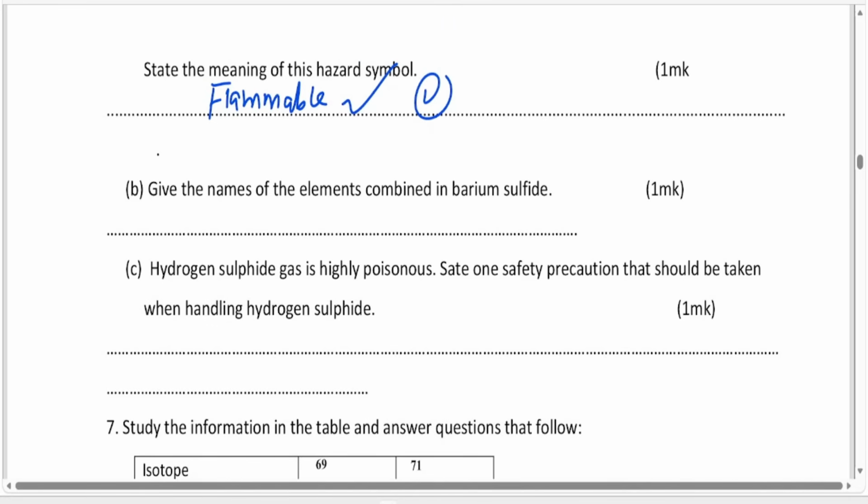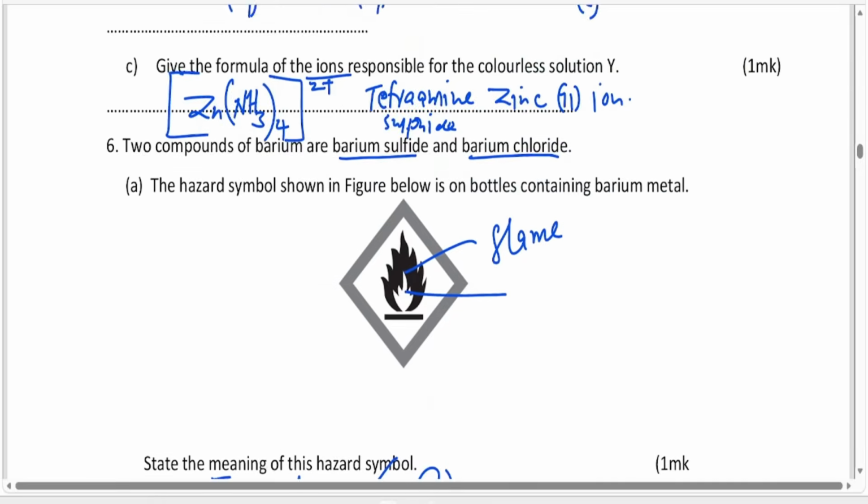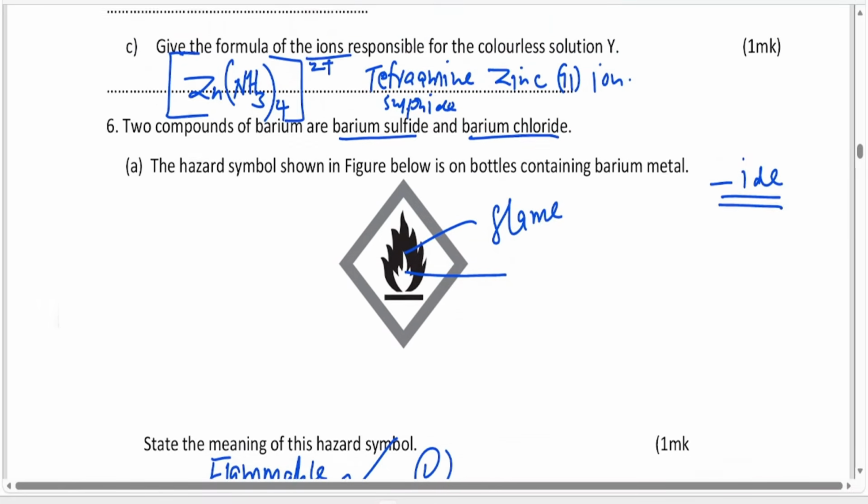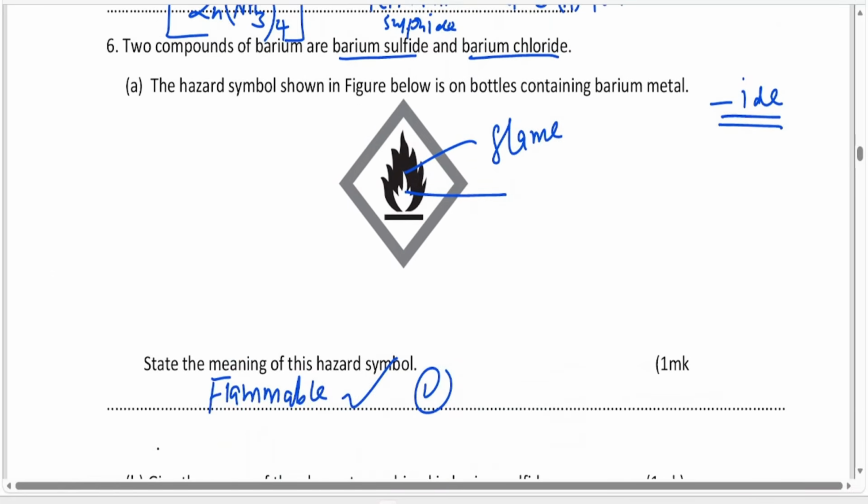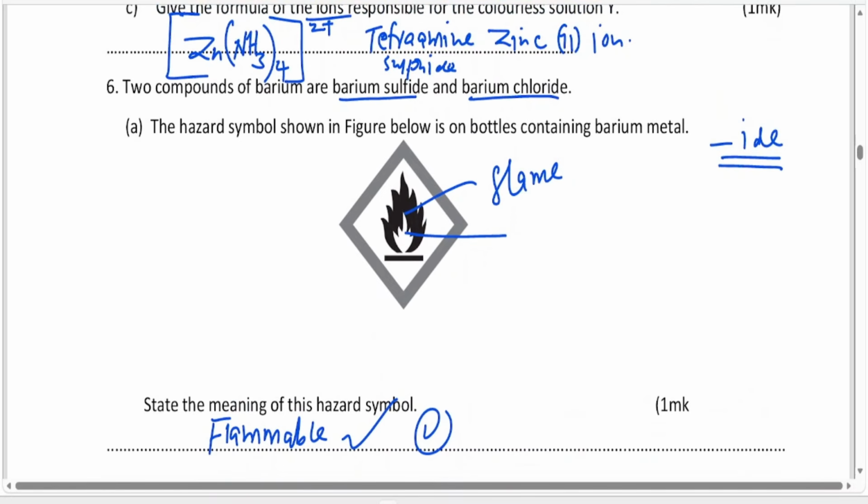Part B of this question, give the names of the elements combined in barium sulfide. When you look at barium sulfide, in Form 1 you are taught that whenever you find a compound whose name ends with IDE, that means there are only two elements present in that particular compound. If that is the case, for barium sulfide, we can identify the names directly.